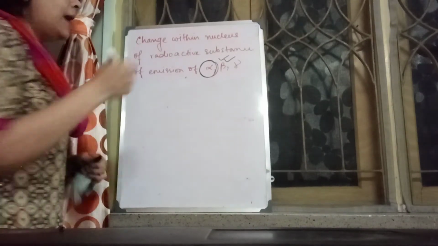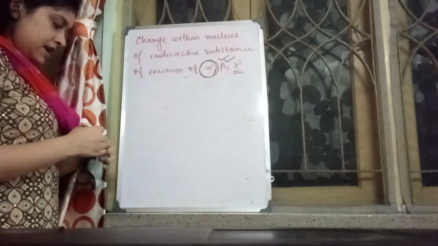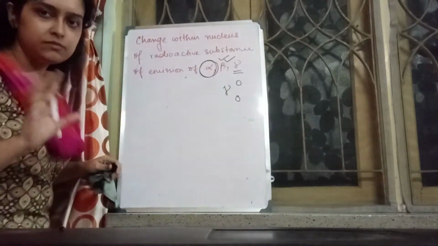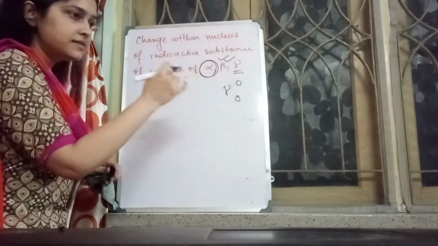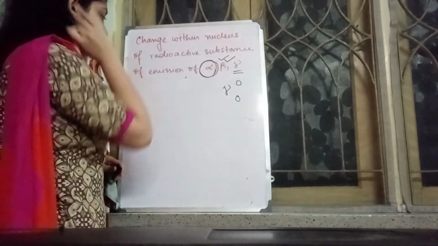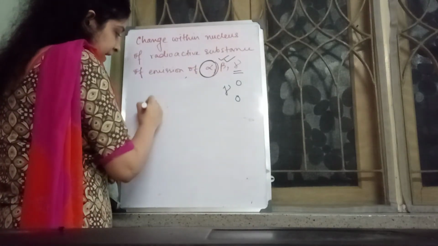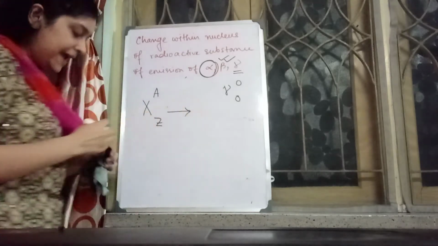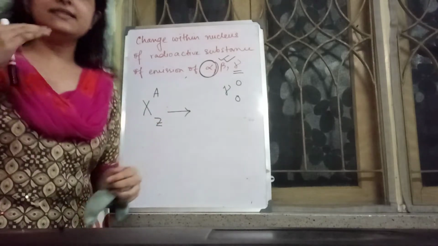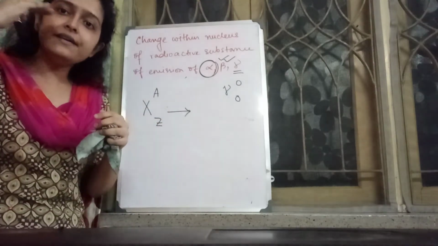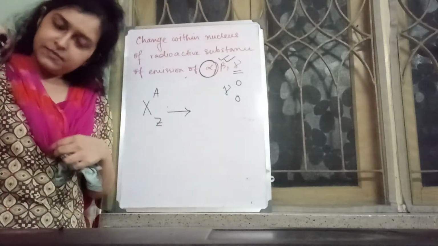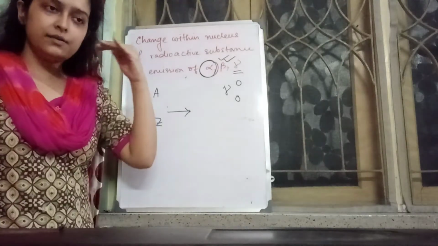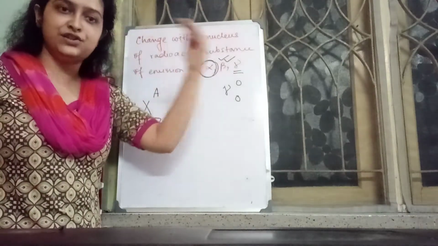What about the gamma? Gamma, it is 0, 0. That means it's no mass, no charge. Therefore, if we have a parent nucleus which is, suppose, in a higher energy state. Okay, suppose the nucleus is actually containing a higher energy.